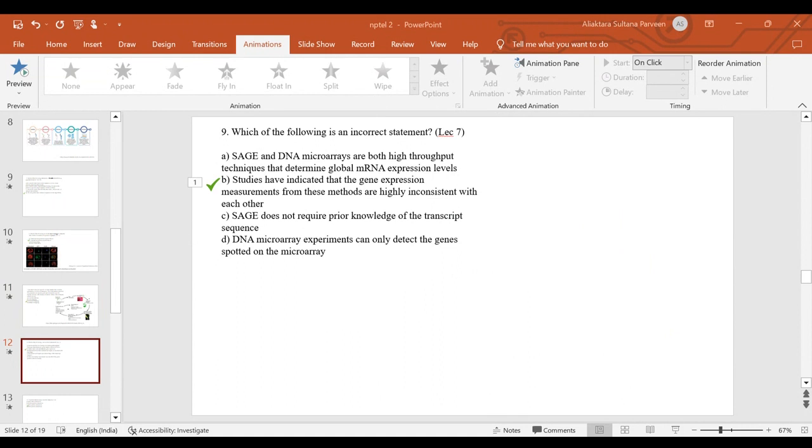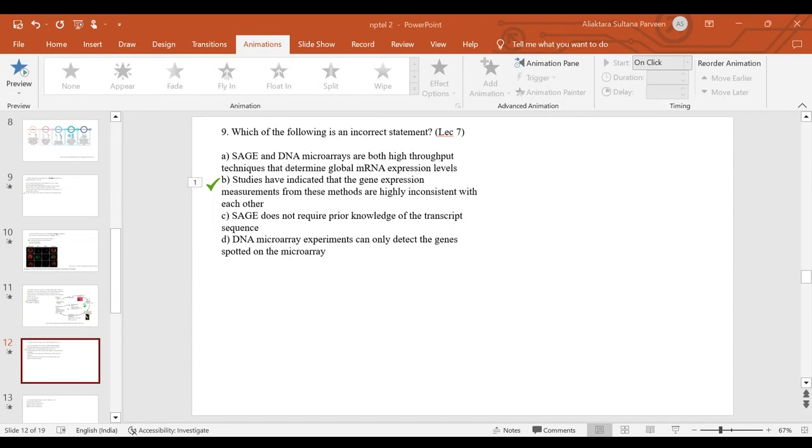Anyway, SAGE is known as serial analysis of gene expression, and DNA microarray I have explained previously. SAGE tags your cDNA, amplifies it along with some other tags, and then they check what sequences, what cDNAs, are present.